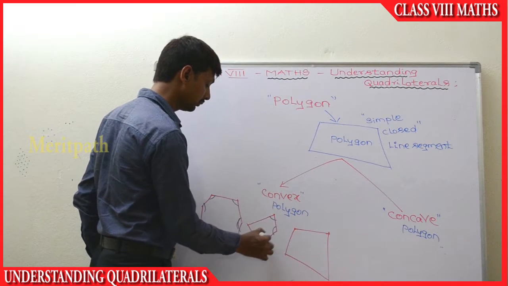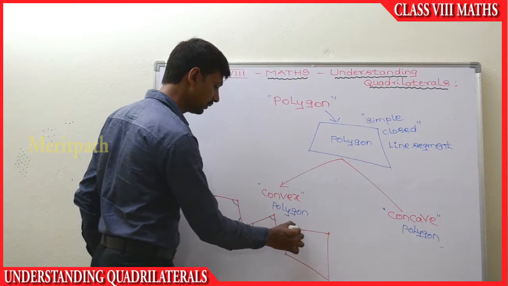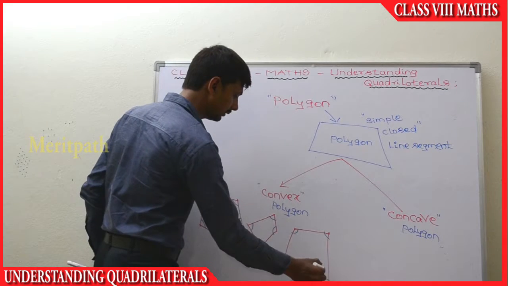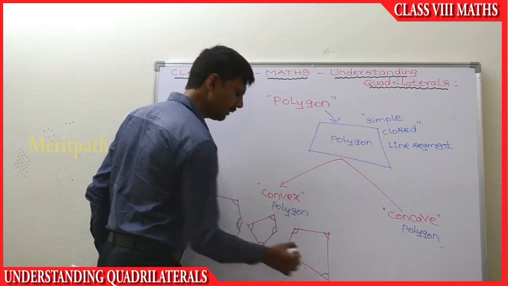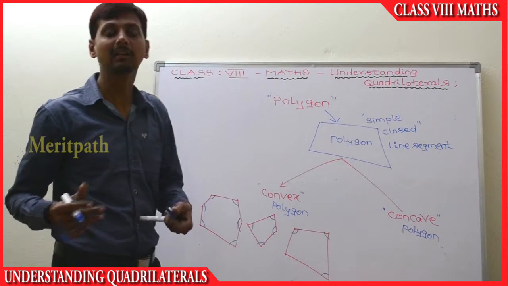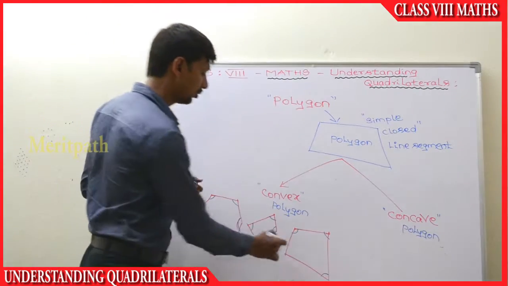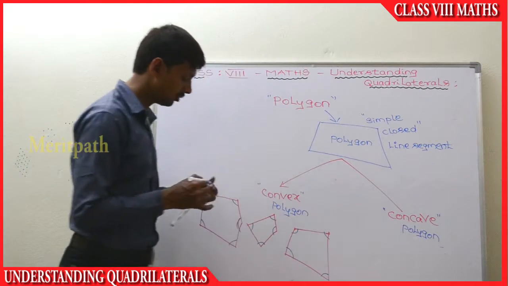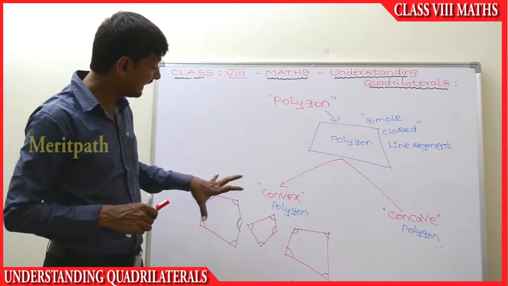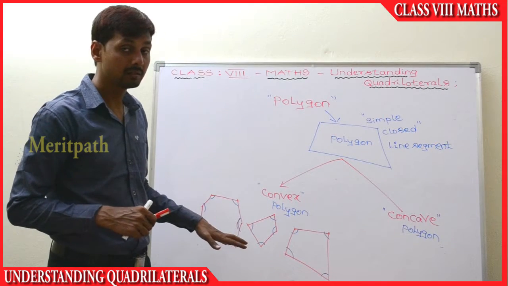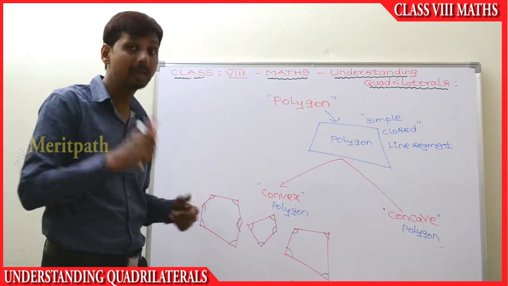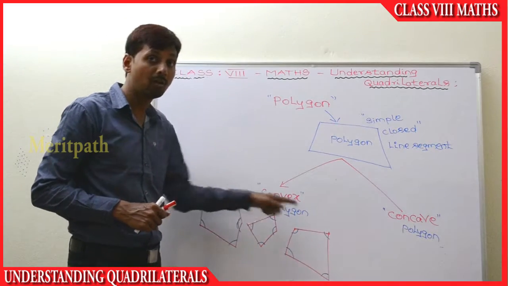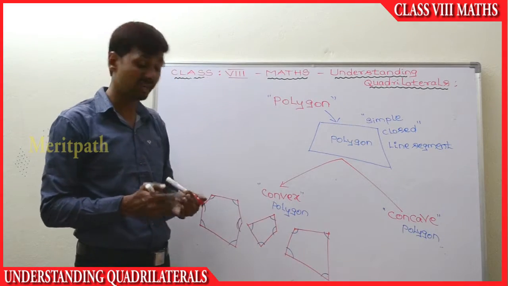Acute angle, obtuse, acute, and this is obtuse. Maybe a right angle. Estimate approximately how that angle can be. So these are the angles formed, and if you observe each angle of these polygons, they are less than 180 degrees.